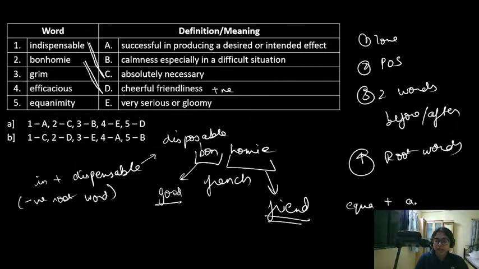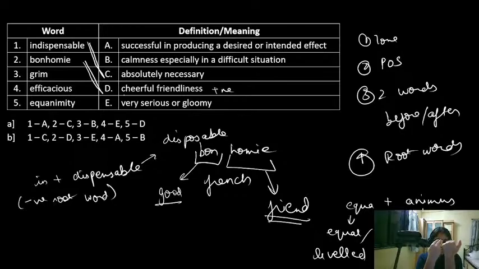Equa plus animus ऐसे बनता है ये शब्द. Equa means equal and animus means mind or spirit. So your mind is in a very equal state. Your spirit is in a very equal, very same, very leveled state. कब होता है आपका mind एकदम leveled state में?